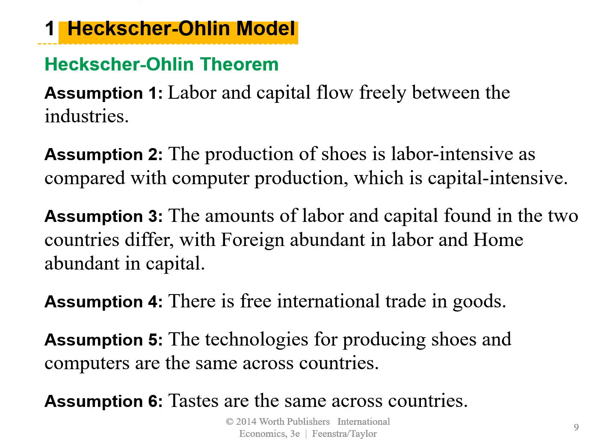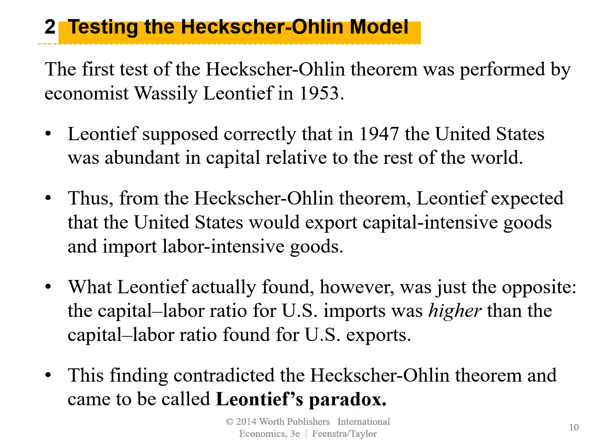So there are a lot of them. And we'll just mention that way back in 1953, the economist Wassily Leontief actually looked at data for trade for the US to try to see whether this theorem actually worked or was consistent with the data. And much to his surprise, it did not seem to work.